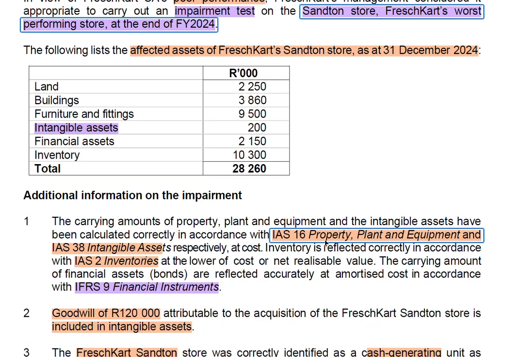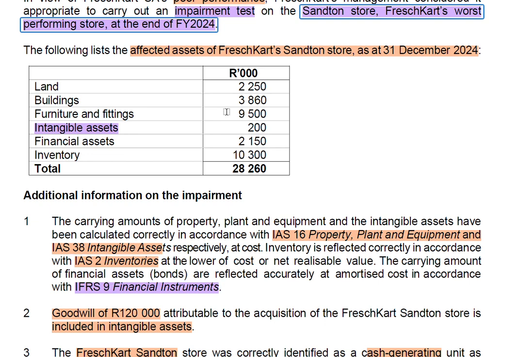Then the additional information is that the property, plant and equipment and intangible assets have been calculated in line with the respective standard. Similarly, inventory is held at the lower of cost and net realizable value. And then they're saying the financial instruments are amortized correctly.